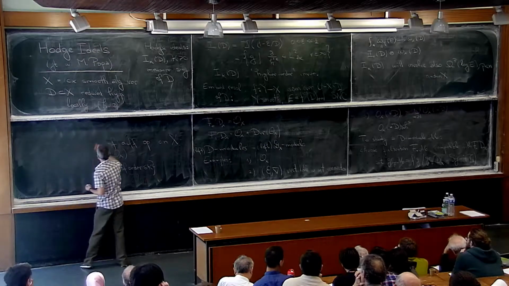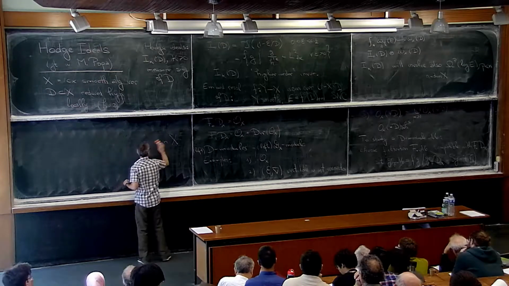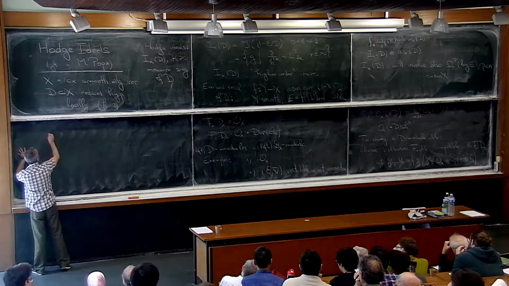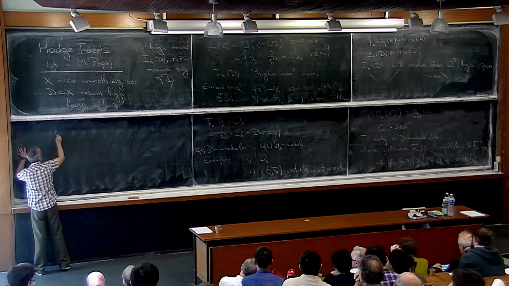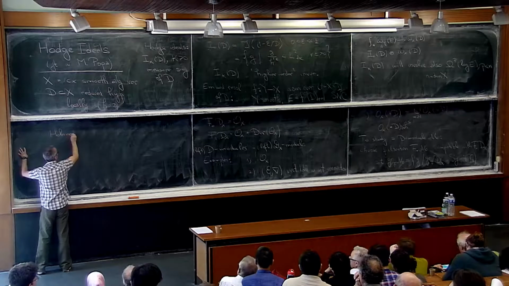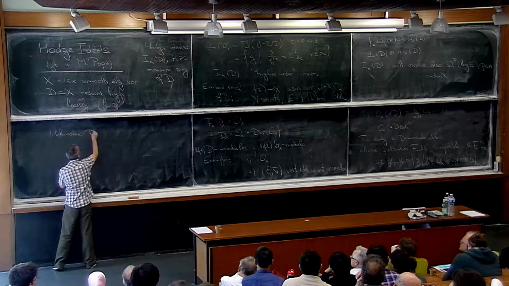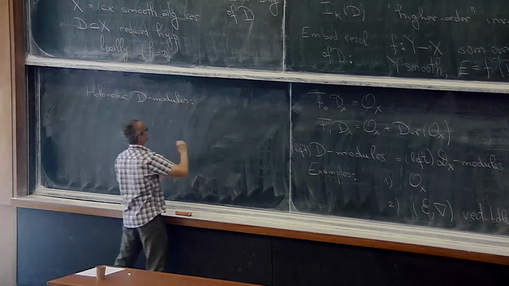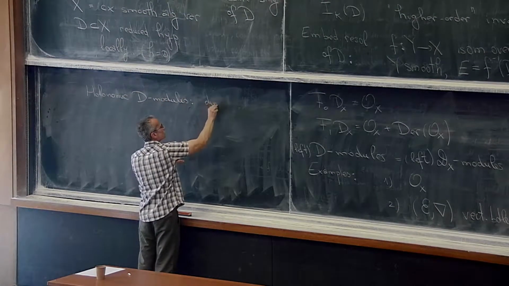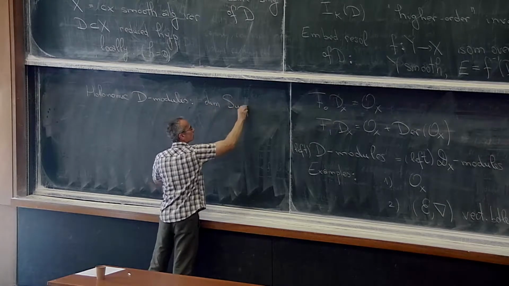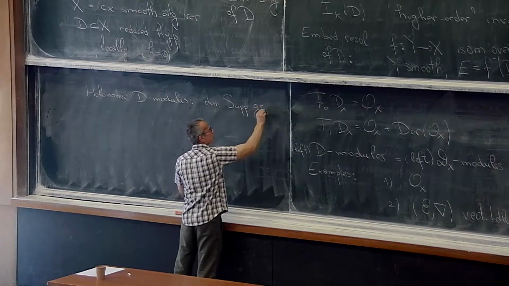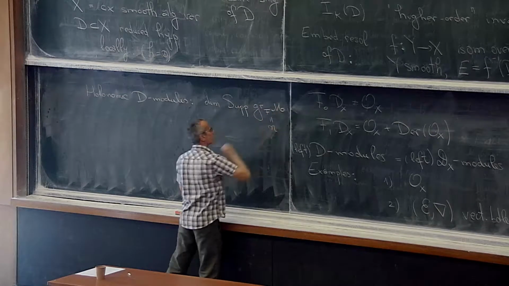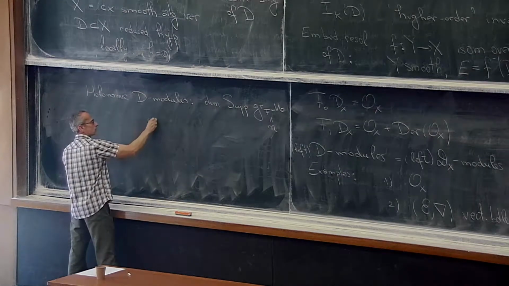And these satisfy very nice finiteness properties. So these holonomic D modules are the ones such that the dimension of the support of this gr of M is equal to n. Again, it's a strong finiteness property.